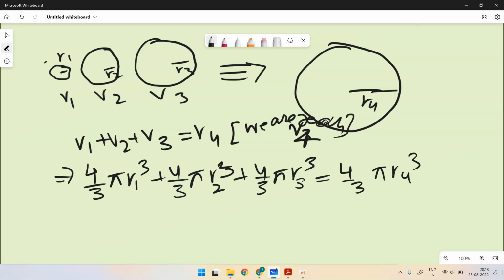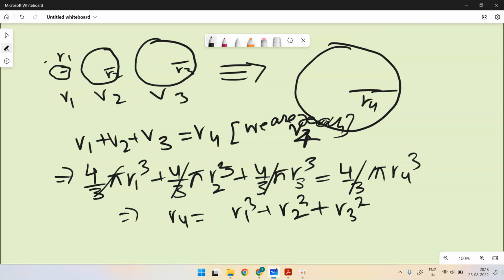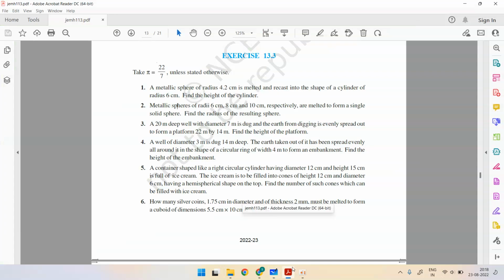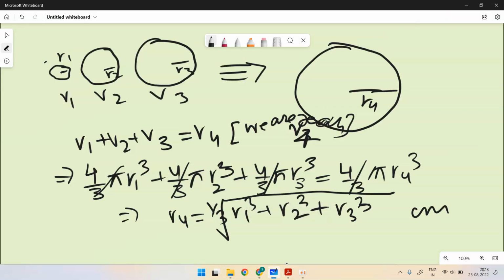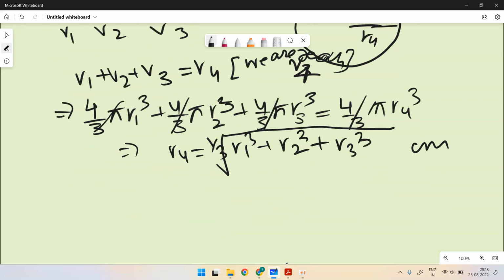Now you can see that 4 by 3 pi is common, so this gets cancelled, which implies that r4 will be the cube root of r1 cube plus r2 cube plus r3 cube centimeters. I think this is given in centimeter. Yes, centimeter. Solve this to get the answer.